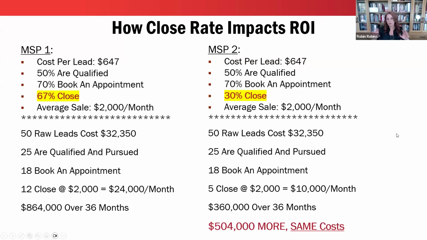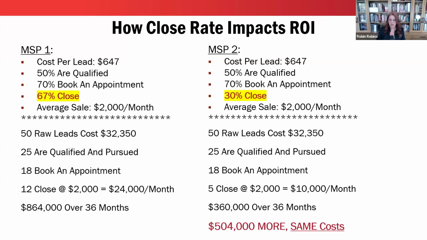Close rate's really important, because you can see with his 67% close rate, he could be spending, if you and Adam were competitive MSPs and you're both spending $647 as a cost per lead, let's say, right? And everything else is the same. Leads are qualified, 70% book, but he closes 67 and you only close 30.